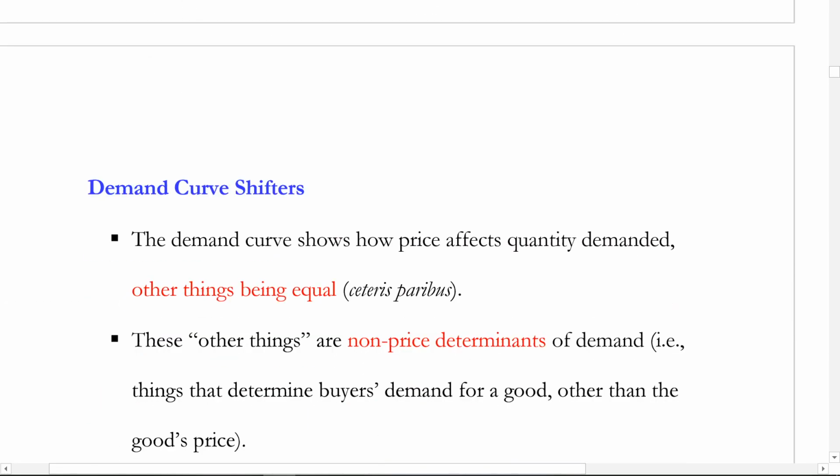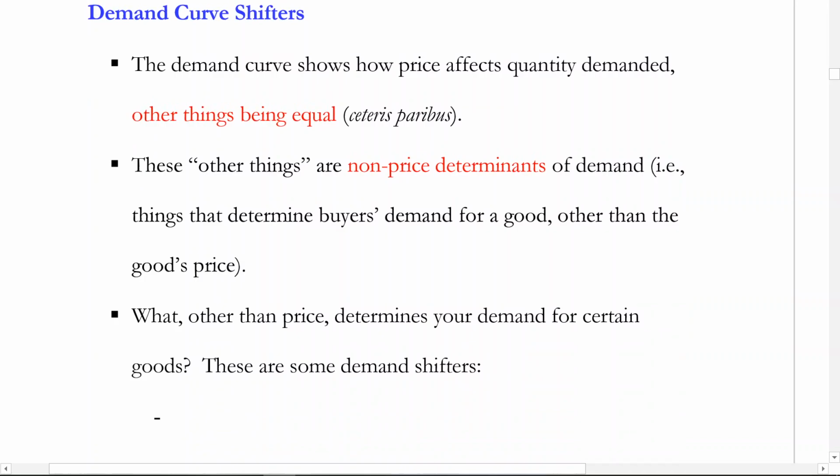Let's look at what things in the economy affect that demand curve. So remember, our law of demand was the claim that the quantity demanded of a good falls when the price rises, other things equal. So this other things equal condition at the end is talking about all the other things other than the price that are going to affect the demand for something.